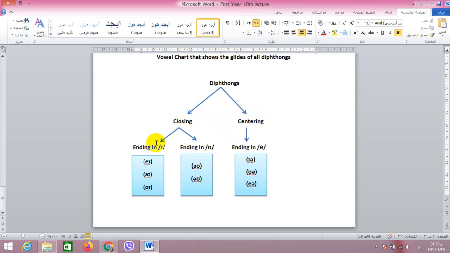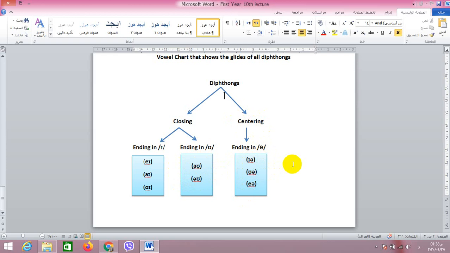Closing diphthongs are subdivided into ending in E and ending in U. Ending in E are A, I, and Oi. Ending in U are Ow and O. The centering diphthongs end in schwa, and they are Ia, Ua, and Aya.